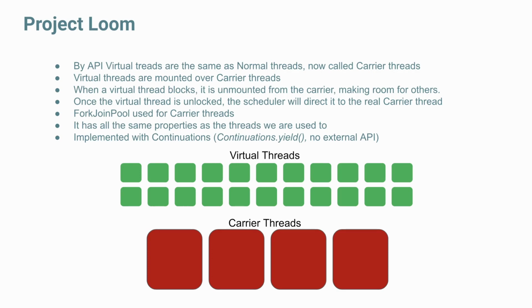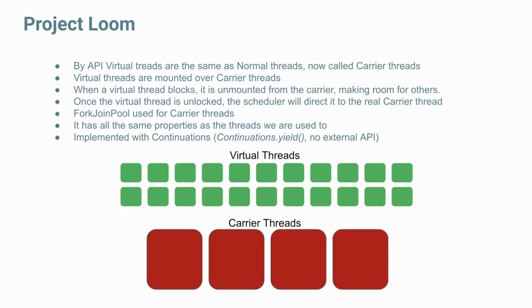The main idea is that you create a virtual thread, you assign some work to be done in this virtual thread, and the JVM finds a suitable carrier thread and mounts this virtual thread over this carrier thread to do its work. Whenever a virtual thread blocks, for example, caused by some I/O operation or database call, it is unmounted from the carrier, thus giving room to other threads to do their job.